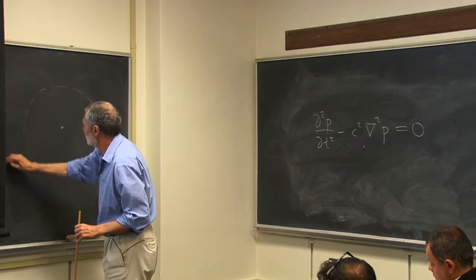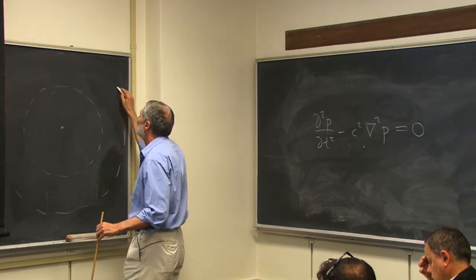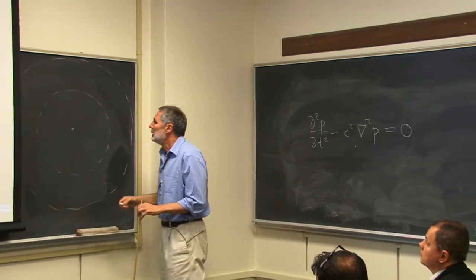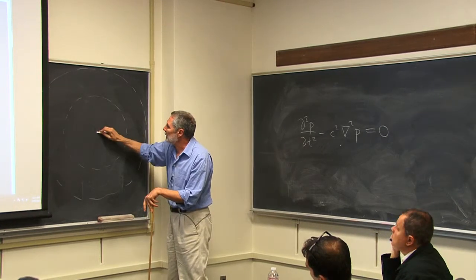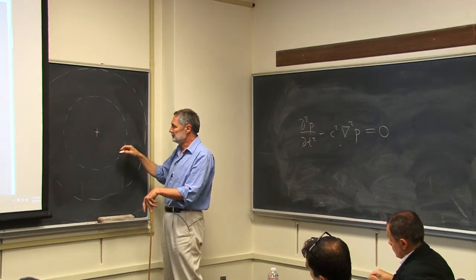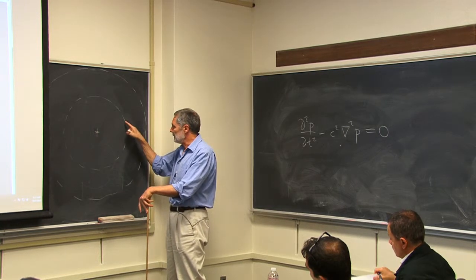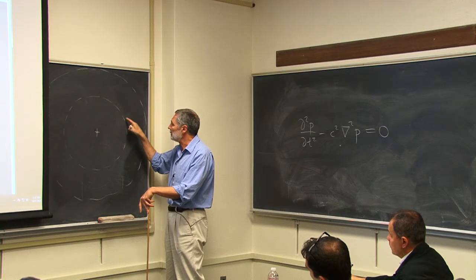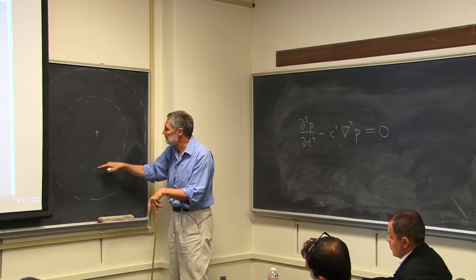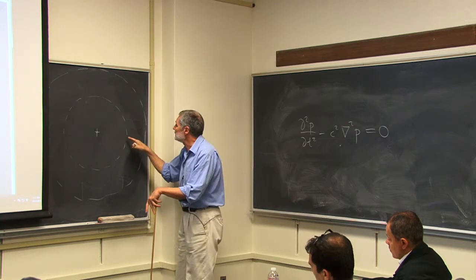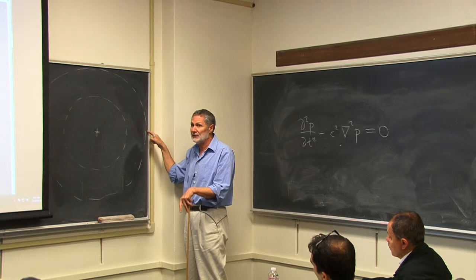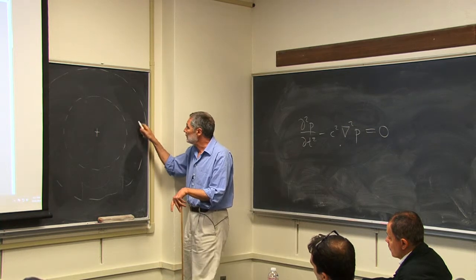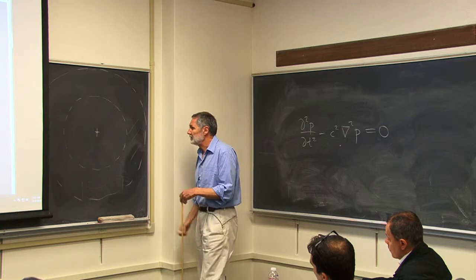And let's consider another one over here. The acoustic power, here's our center, where the source is. The total power going through this just mathematical sphere here has to be the same as the power going through this sphere, right? That's energy conservation.